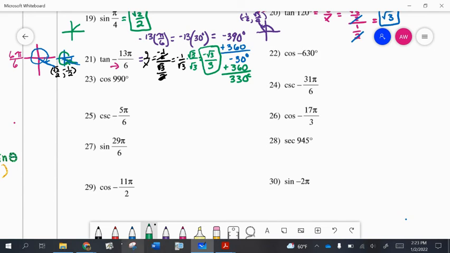Okay, let's try another one. Okay, so it's negative 630. So rather than trying to draw that visually, I'm just going to find the coterminal angle. So we find coterminal angles by adding and subtracting 360. So I'm going to add 360.